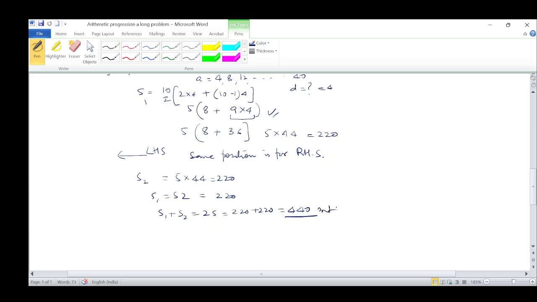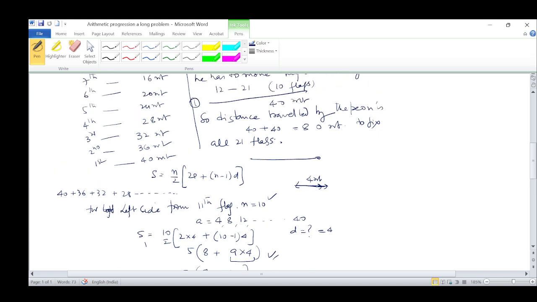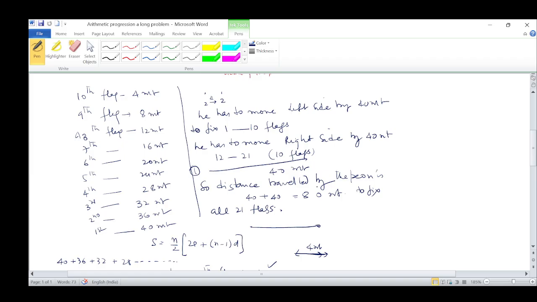See the difference. Again, let me repeat the things from the very beginning. Take the 10th flag. For example, 11 is here, 10 is here.